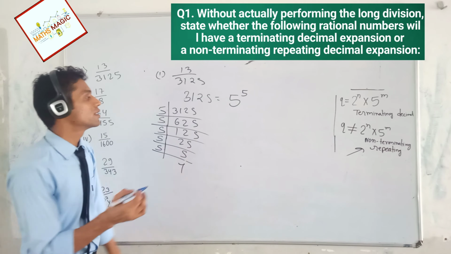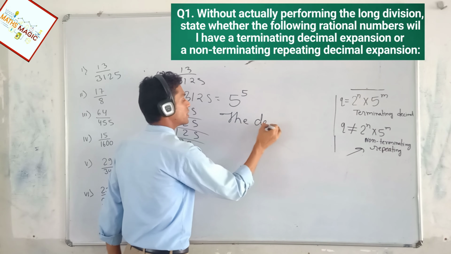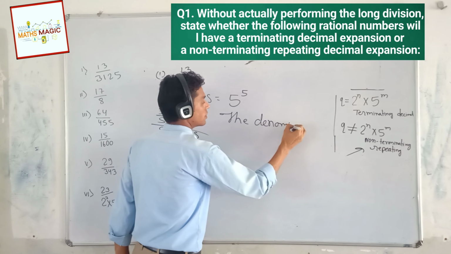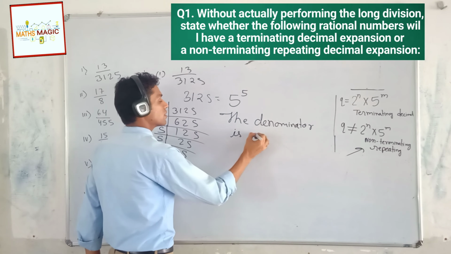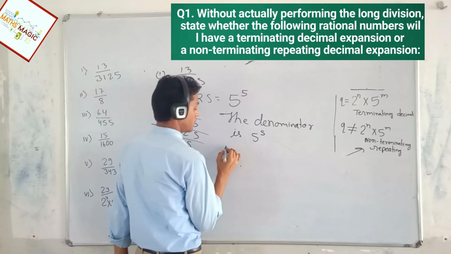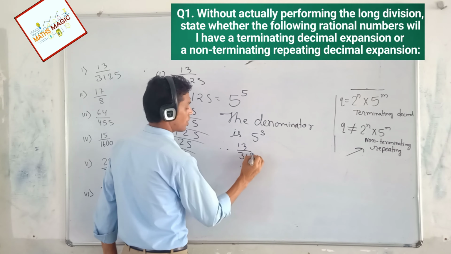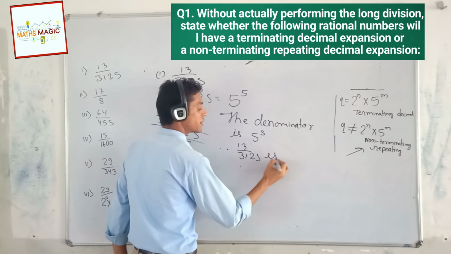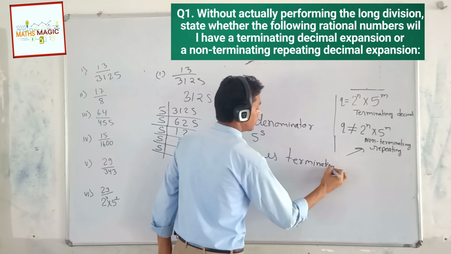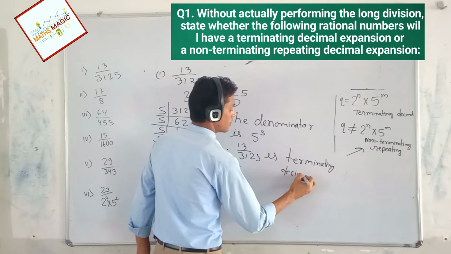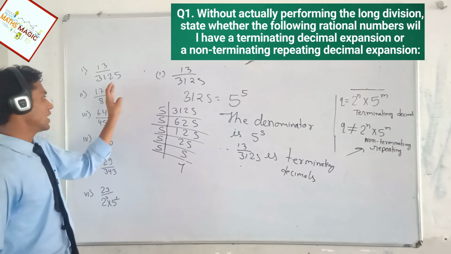So the denominator is 5 to the power 5. Therefore 13 by 3125 is a terminating decimal.